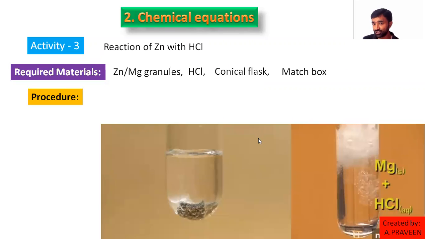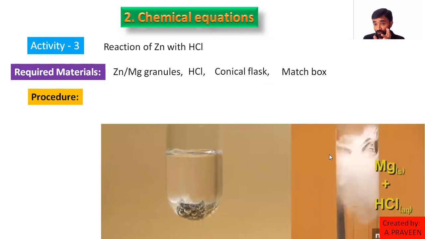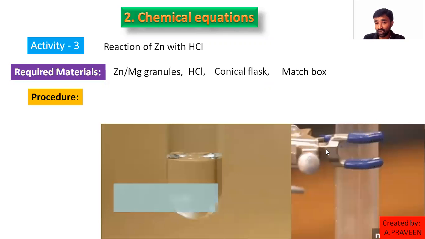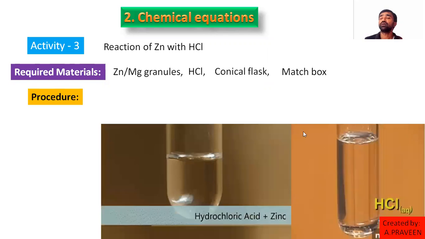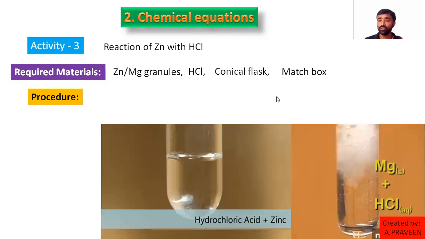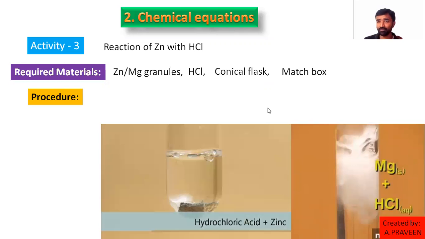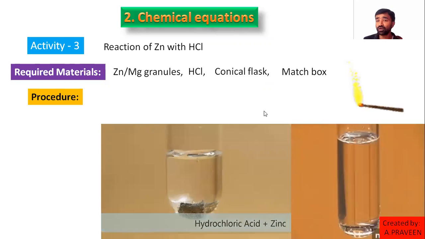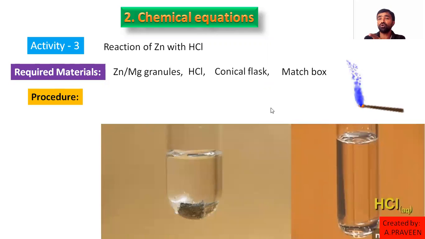When we drop magnesium here, bubbles are formed vigorously in the liquid and the fumes reach the top of the test tube. When I brought a burning matchstick near the gas, what I noticed is that the flame changed into blue color.